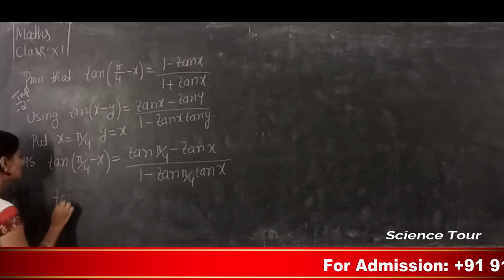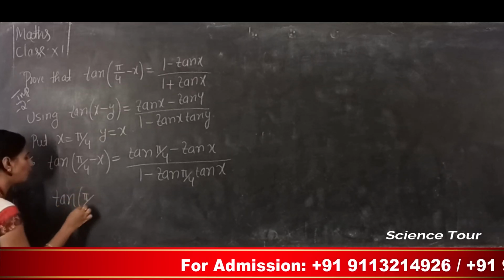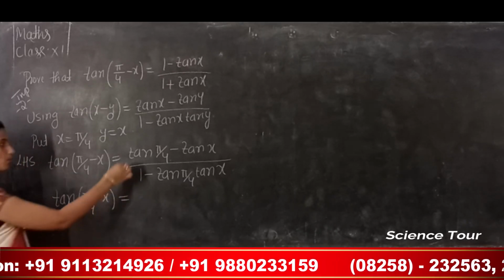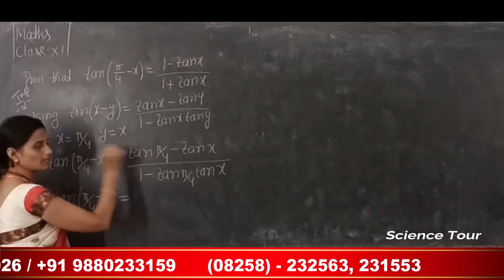So now tan(pi by 4 minus x) is equal to, you know the value of tan pi by 4.